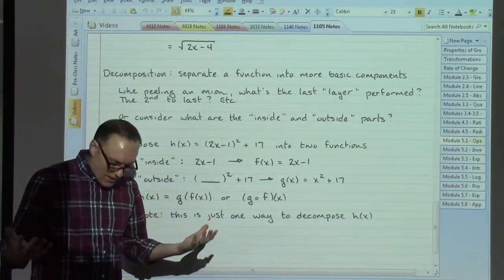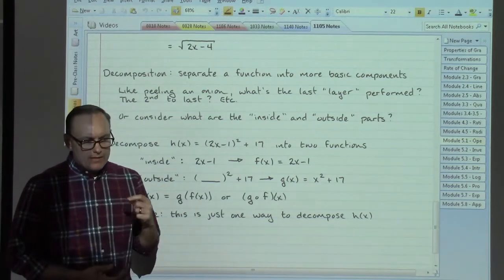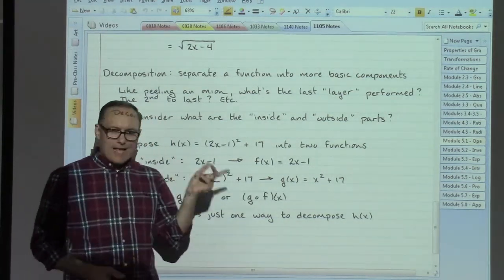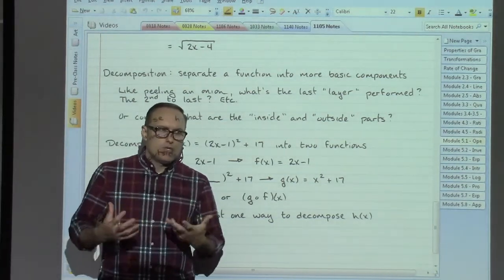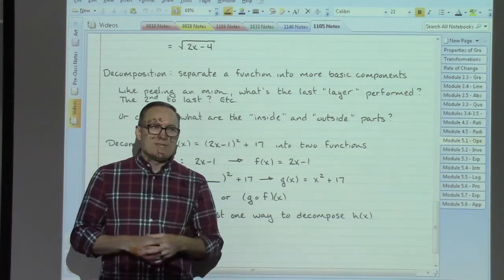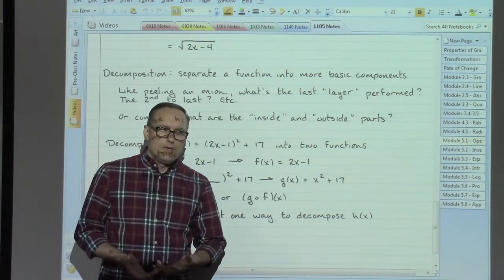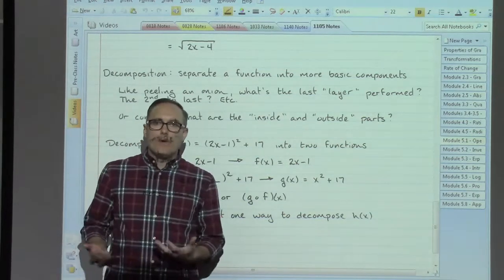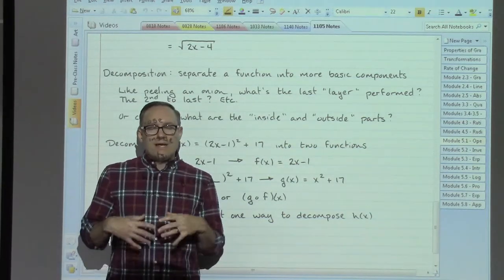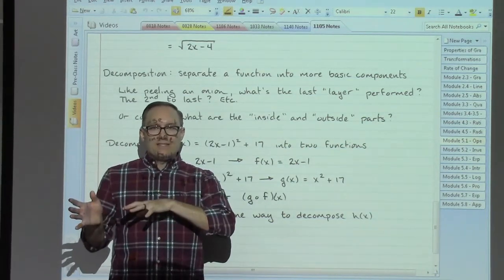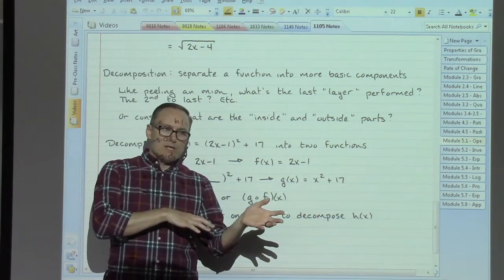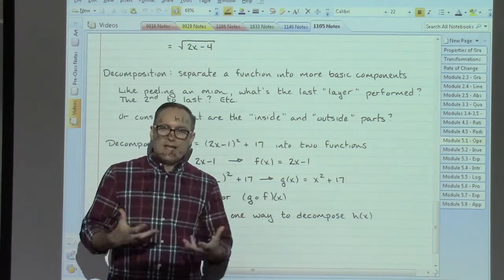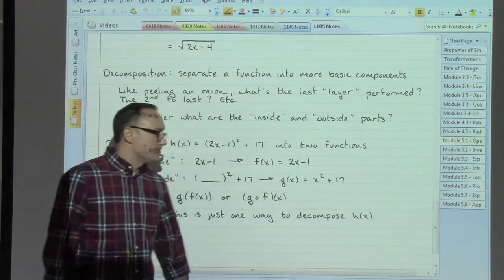So we could say, okay, cool. Thinking of basic functions, this has the squared showing up. So if my basic idea is an x squared, this has got a lot more going on. What could I say is one version of inside versus outside, if I'm thinking of that idea of x squared?